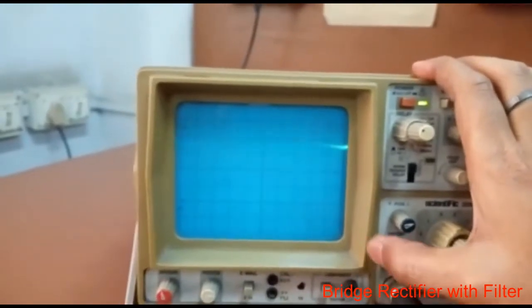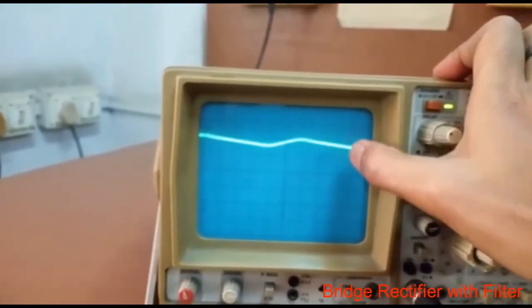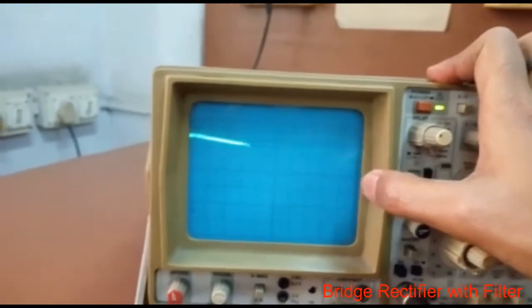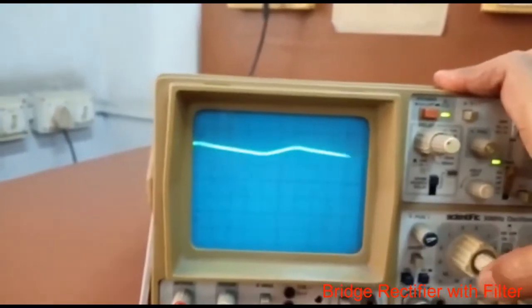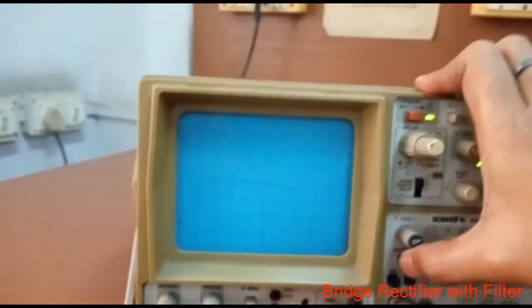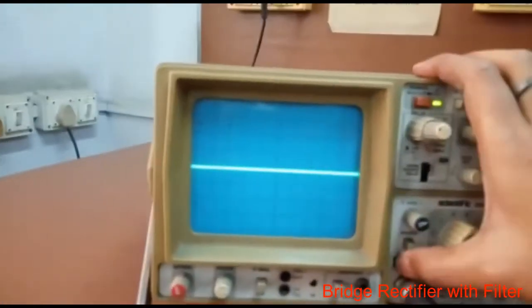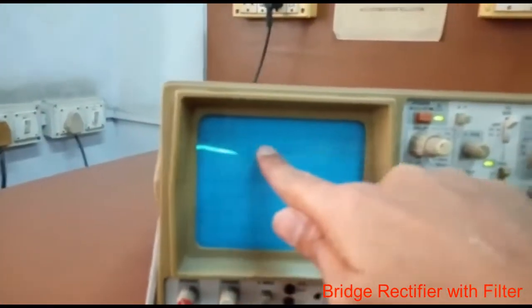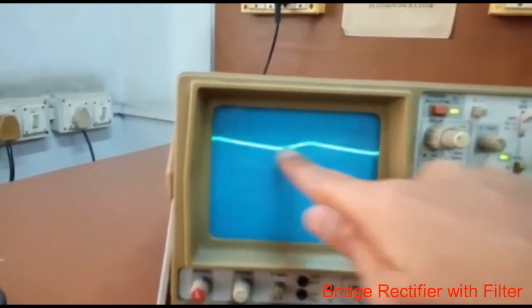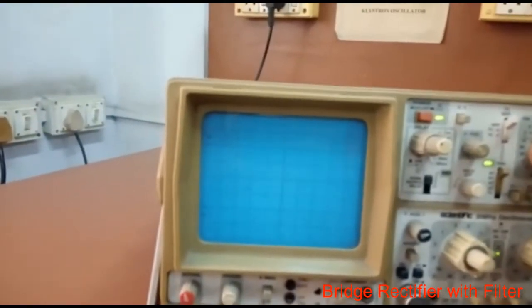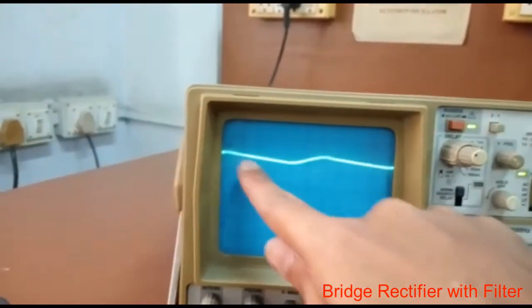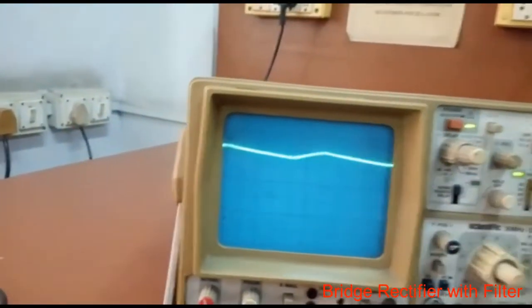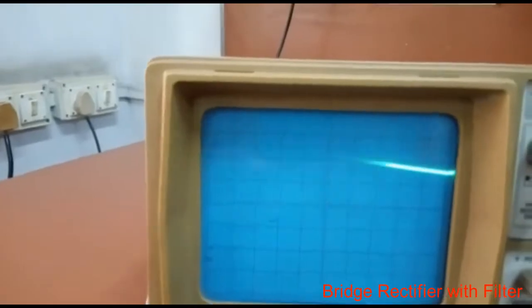The DC average value is near about 9.5, measured from the ground level to the average position. This is the charging and discharging curve of the capacitor. This average value is near about 9 volt, or 9.5 volt.